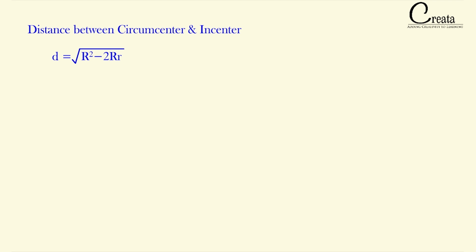If we apply the same formula for an equilateral triangle, where we know the circumradius is equal to twice the inradius, on replacing the inradius, that is small r, as capital R upon 2, we got the value of d as 0. This again proves that the distance between the incenter and the circumcenter is 0. That is, they are the same point. Just for comparison purposes, we have used this formula.